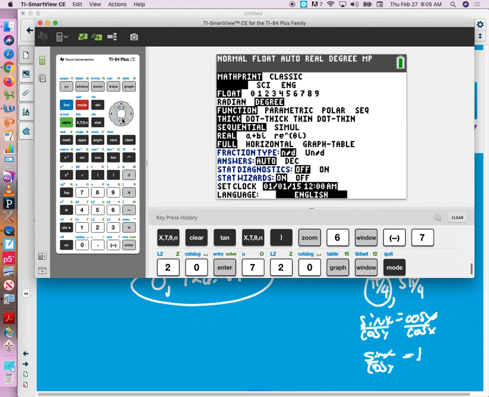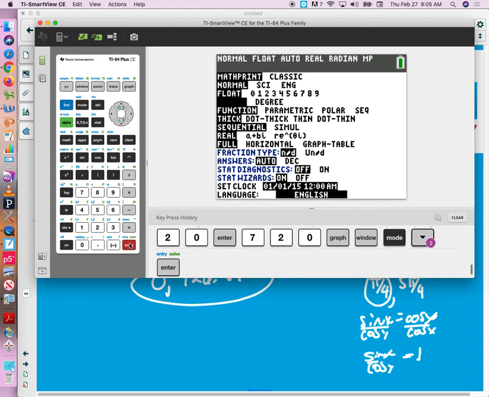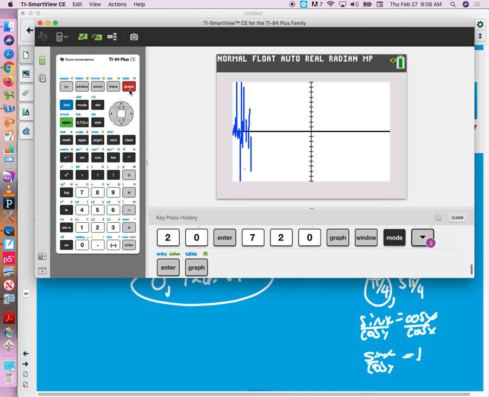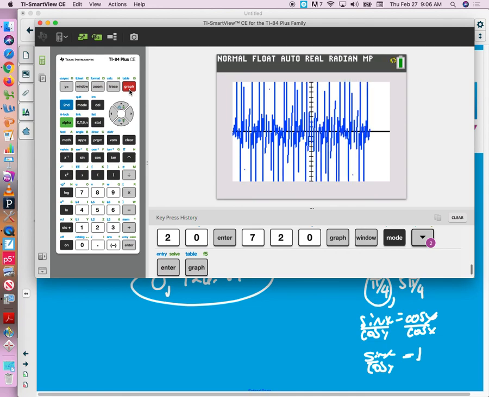Watch what happens if I change my mode to radians. 720 radians is a long way. All the way around the circle is about 6 radians. That's not going to be helpful. People will do that if they don't know what they're doing, and they'll be really frustrated. The good thing is in AP, we stay in radians all the time if we're doing trig functions. And even with polynomials and some transcendental functions, they almost always give you a window. Y'all can start.